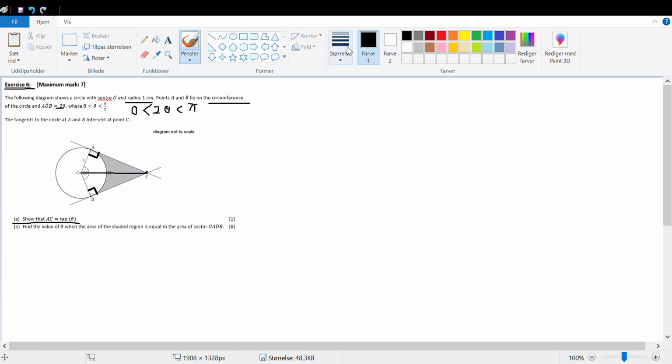Then I'm hoping that it's clear that you would get a theta here. And you would also have a theta here, because we have very carefully sliced this in exact halves. These two triangles, the top one and the bottom one, are exactly the same. OAC and OBC are the same triangle, just flipped.